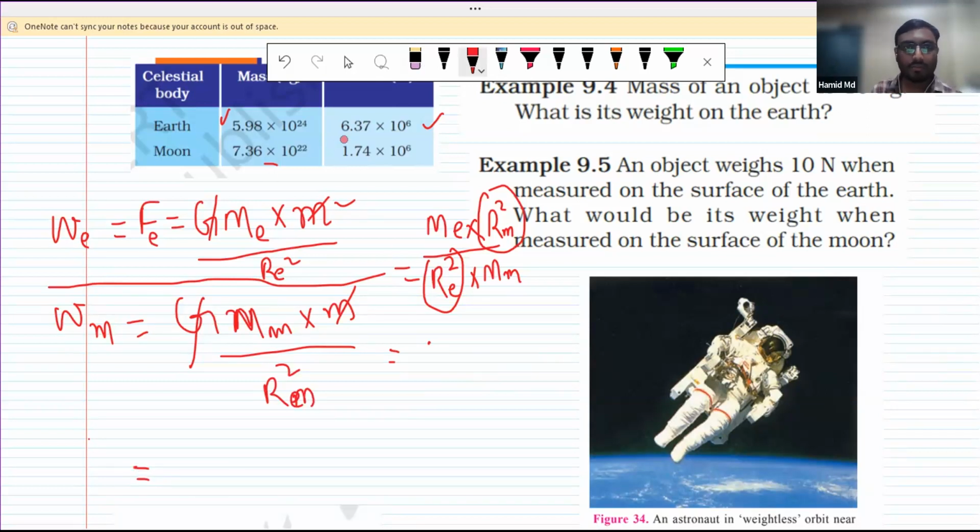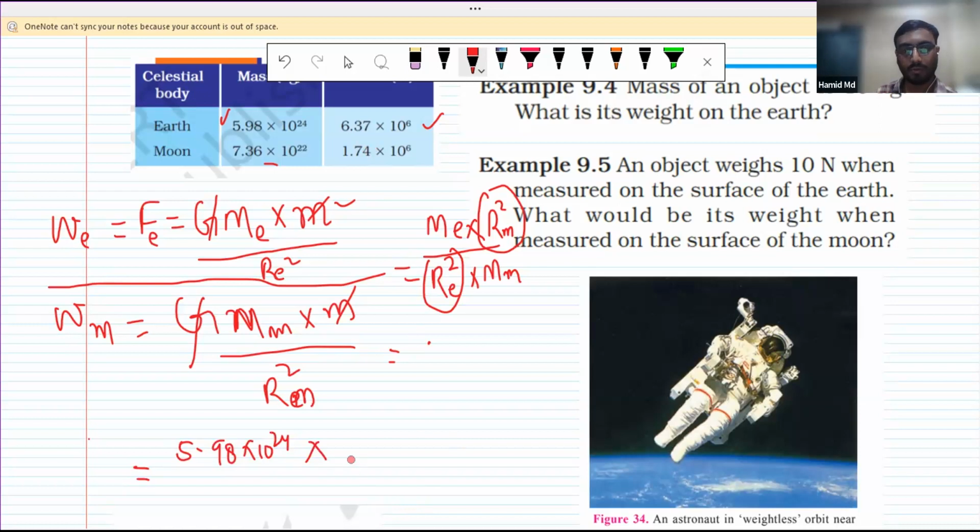Mass of Earth is 5 point. What is mass of Earth? Mass of Earth is 5.98 into 10 to the power 24, into radius of moon.